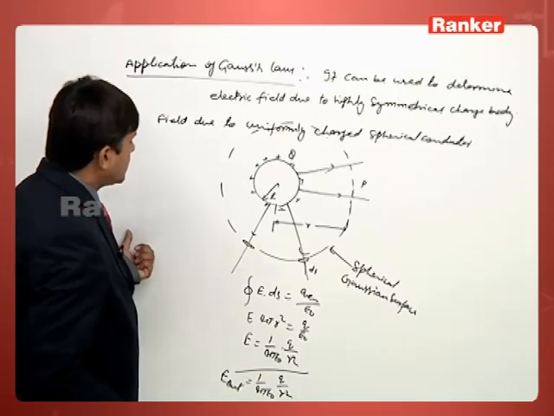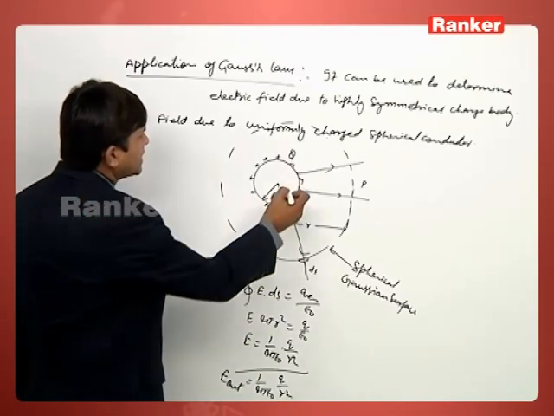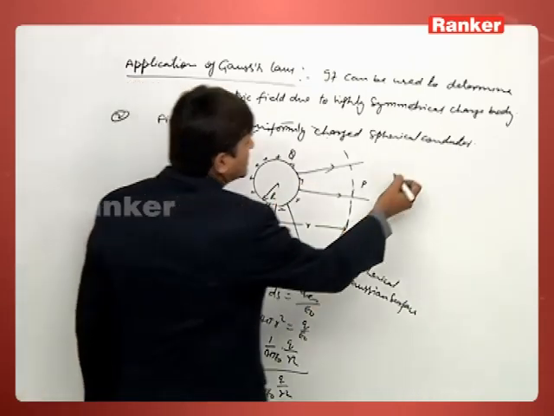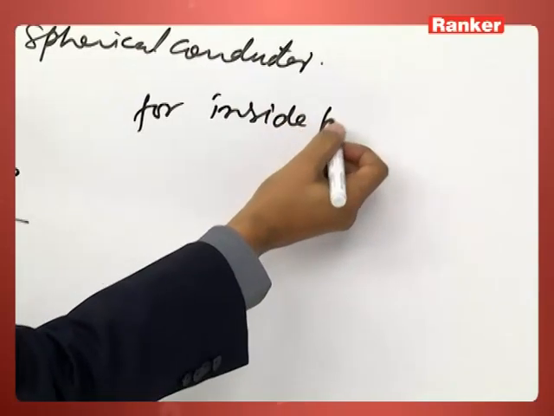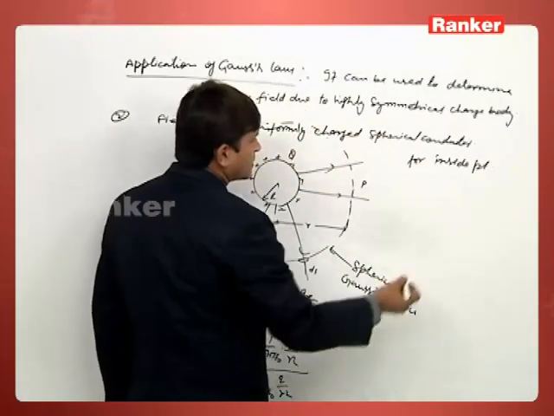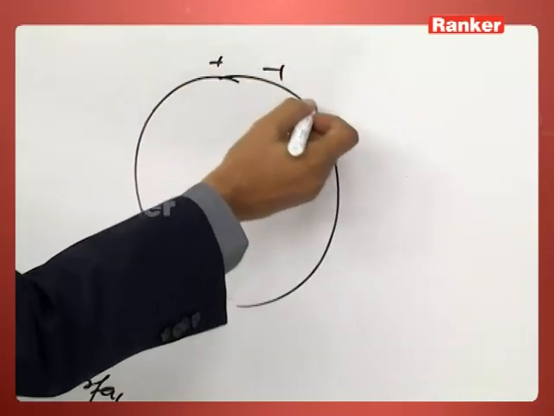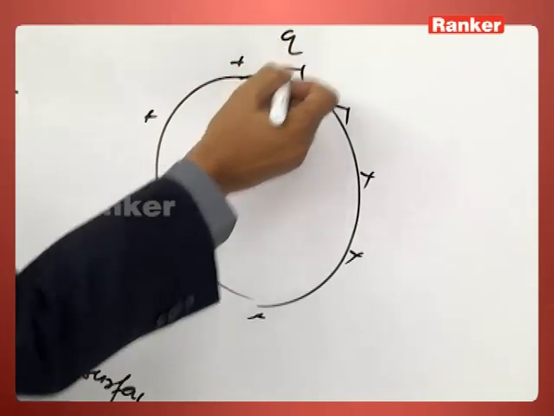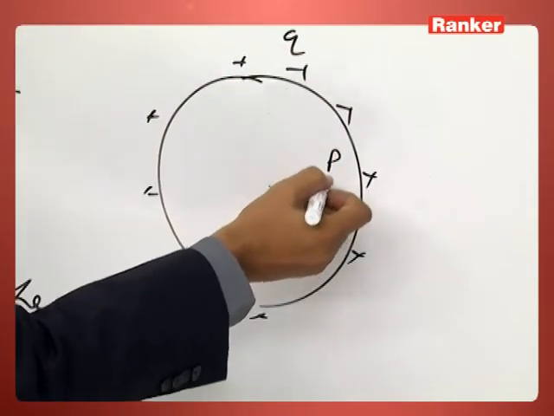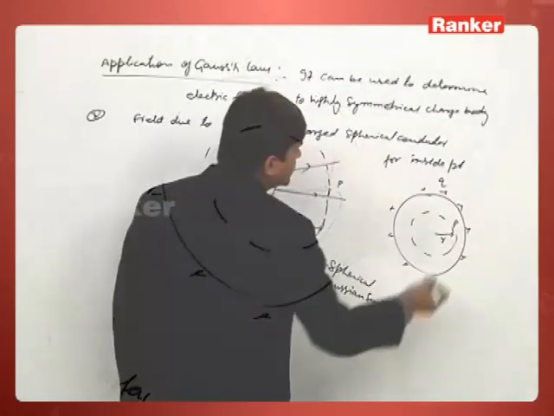Now, suppose we are talking about the inside point. See, for the inside point, this is the charged body, and for inside point P, this is the Gaussian surface of radius r.